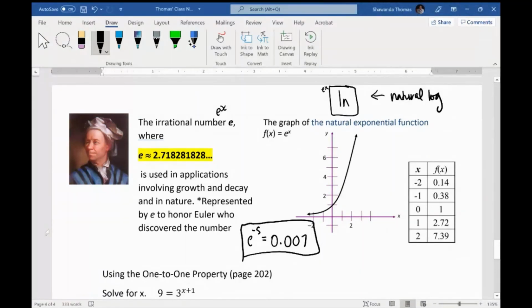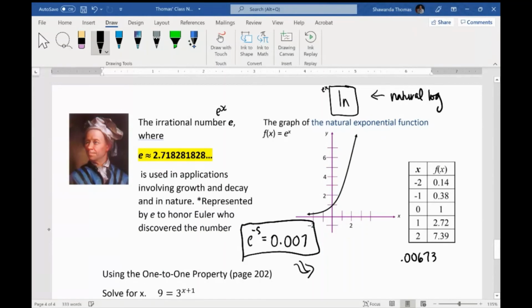Zoe, you have a question? Did we round up or something? It may have been. I got 0.006. Okay, you say you got 0.006. What else? 737.